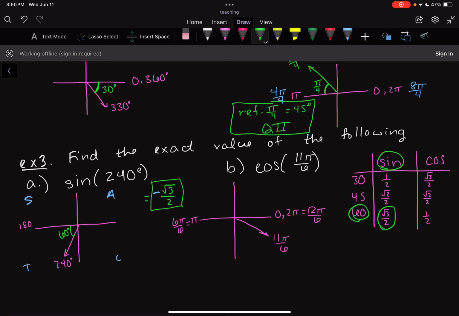My reference is pi over 6, and I also reminded us that that's the same as 30 degrees. So that means that I'm going to come to my table, and instead of needing to memorize what cosine and sine are for 11 pi over 6, I can just say, okay, cosine 30 degrees, okay, it's square root 3 over 2.